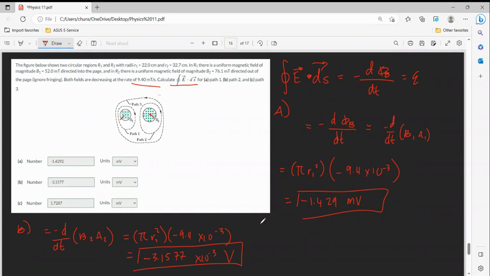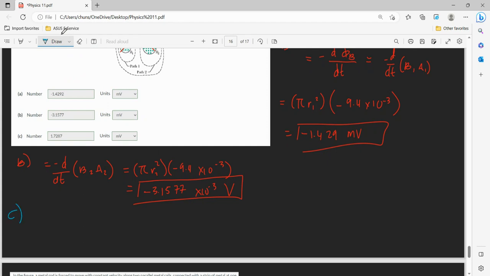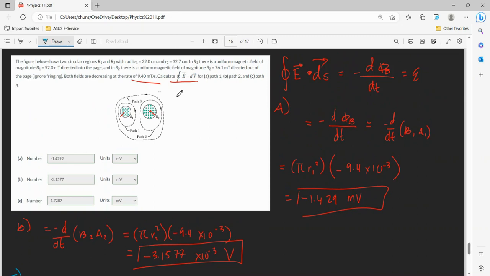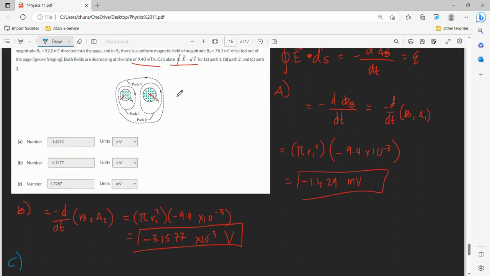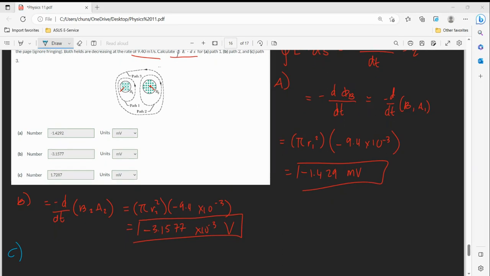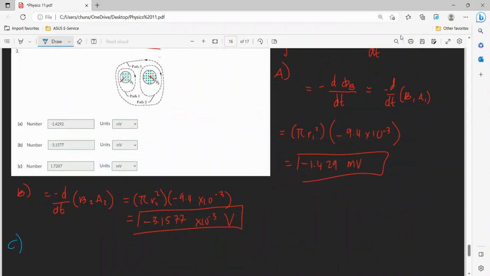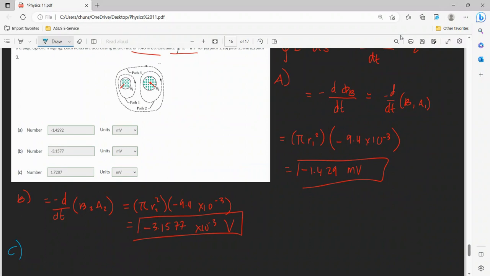And what do we do about part C? Since we are pointing in opposite directions, when we go around our path 3, we have both inward pointing and outward pointing ones as we go around, where our outward pointing ones are the R2. So in this case, we will need to subtract.